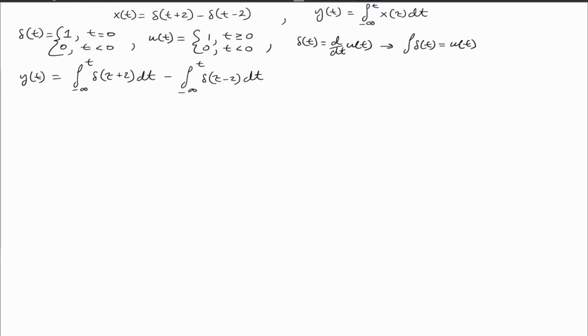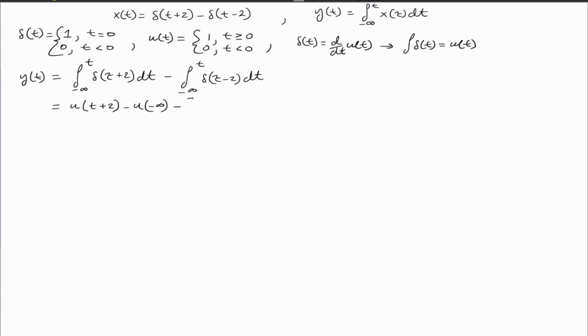Doing this integration, we end up with the difference. We could probably just do the full integration, but integration is easy for us at this point. So that is going to equal u of t plus 2 minus u of negative infinity.